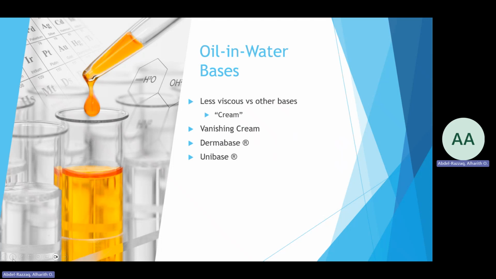As far as our oil and water bases, these are going to be less viscous than other bases. These are more so termed creams. We have our examples listed: vanishing cream, Dermabase, or Unibase. Since the water is actually the external phase in this base, the ointment is going to be water washable, which is a good advantage, like I mentioned.